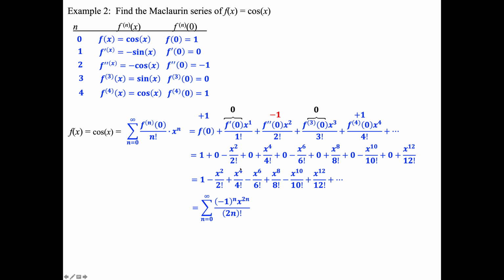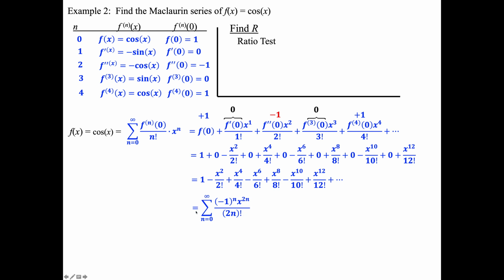When n is 2, 2 times 2 is 4. When it's 3, 3 times 2 is 6. So we need x to the 2n power. We started out with a positive here, so negative 1 to the n starts out as positive with n equals 0, and then it alternates. And then on the bottom, we need to double our factorial again, just like our powers up in the numerator. So we're going to have 2n factorial in the denominator.